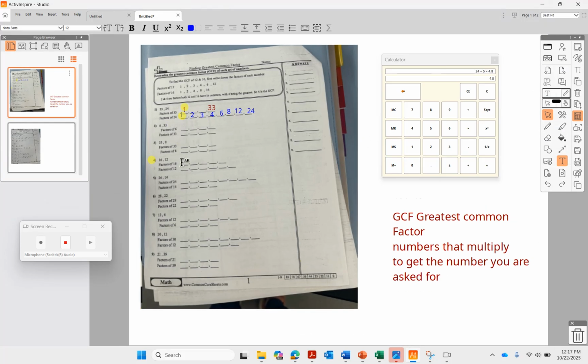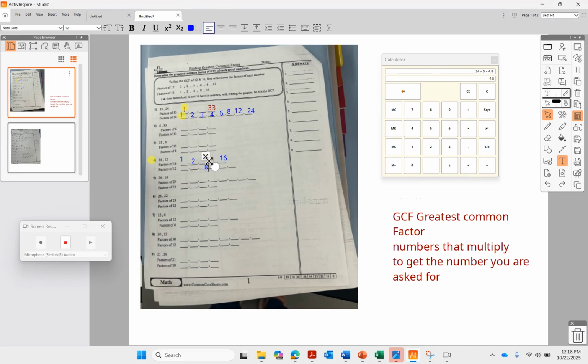So factors of 16, I can say that 1 times 16, that is a way to get 16. I also know 2 times 8 is 16.